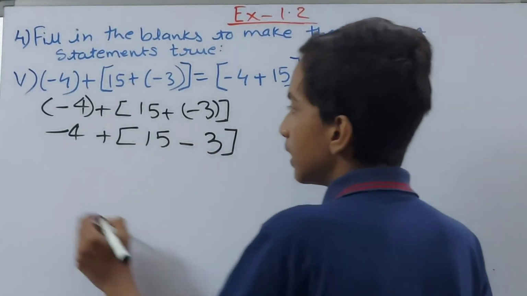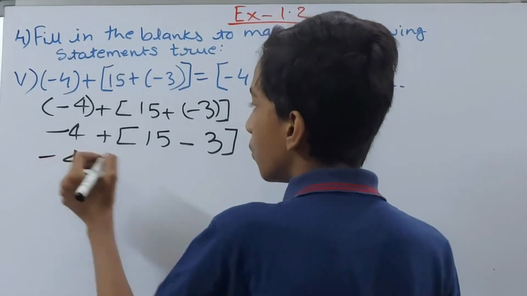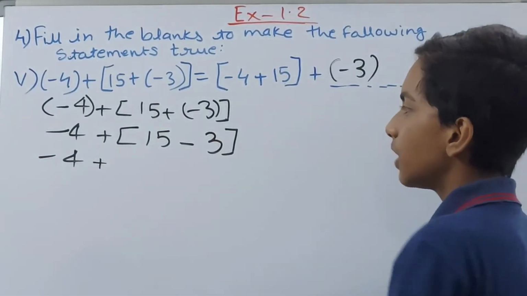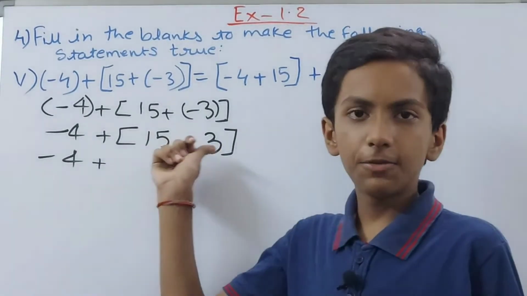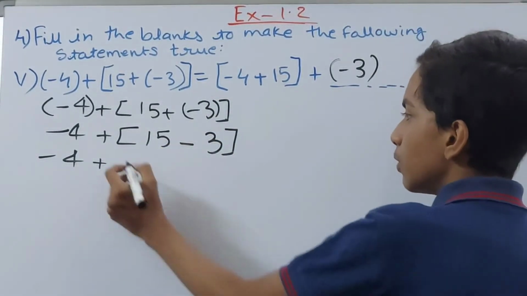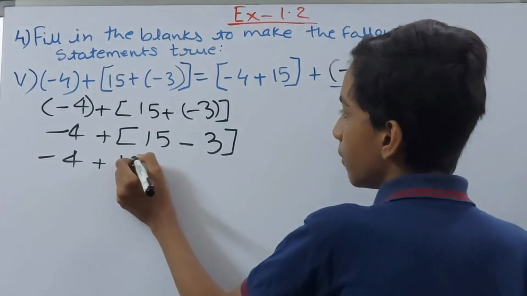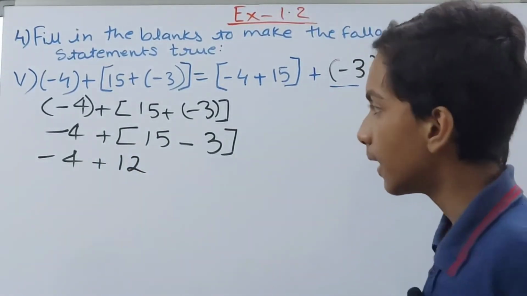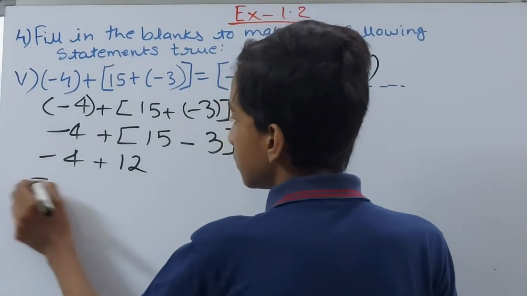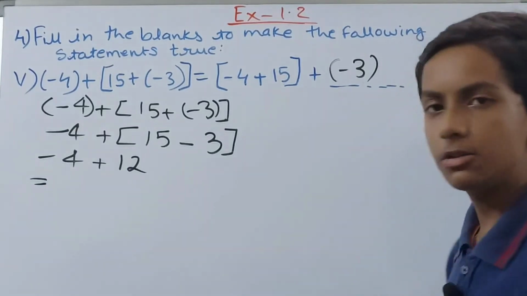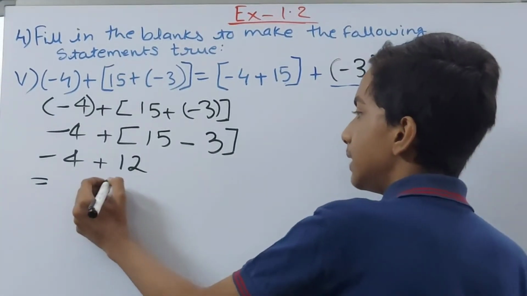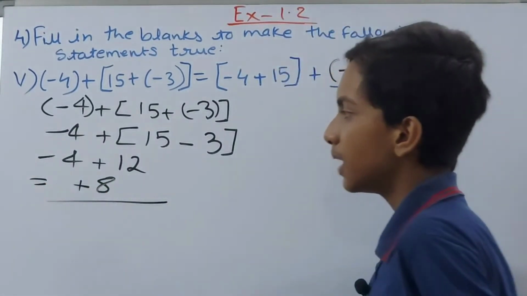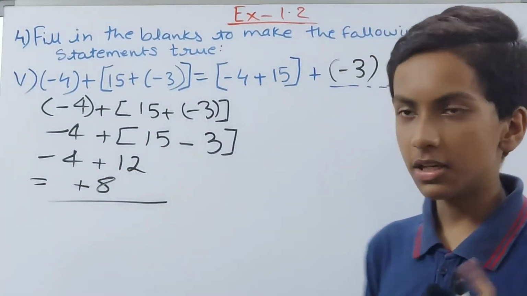Then you close it. So you have minus 4 here, and plus once again. This time we solve this, so we have 15 minus 3 is 12, so plus 12. These two numbers are what we're getting. Now we solve this as well, so both the numbers have different signs, so we find their difference. That is 8, and again plus sign here, so plus 8.